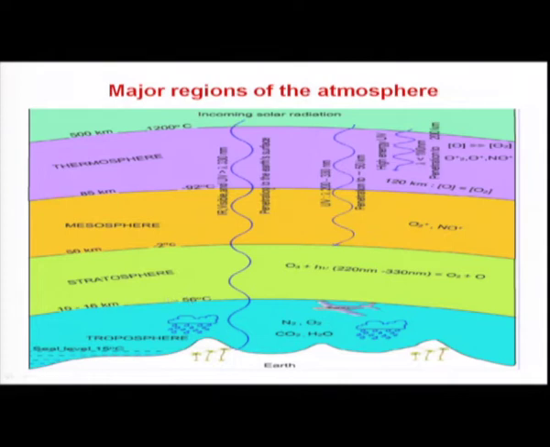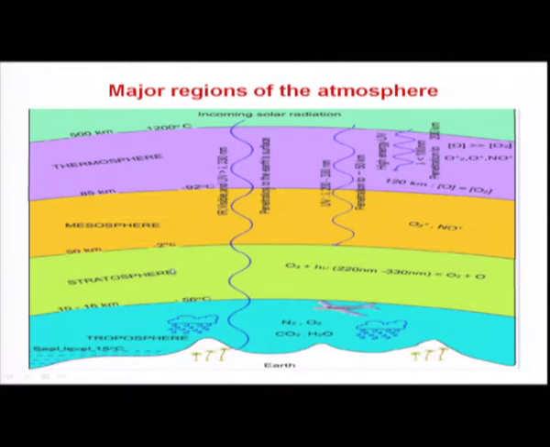After the tropopause, we have the stratosphere. Here the temperature inversion takes place. At the top of the stratosphere, the prevailing temperature is minus 2 degrees Celsius. See this, from minus 56 it has increased to minus 2 degrees Celsius. So, a temperature inversion is taking place, that is, the negative lapse rate is converted into a positive one.